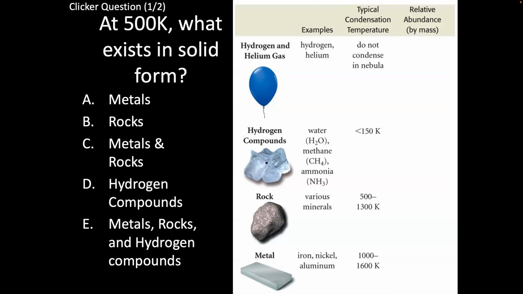So rocks and metals would solidify. Okay. And you don't think this would be melted? Yeah, because it's too hot. Okay, so it's metals and rocks, because some rocks, for example, can condense or sublimate at 1300.